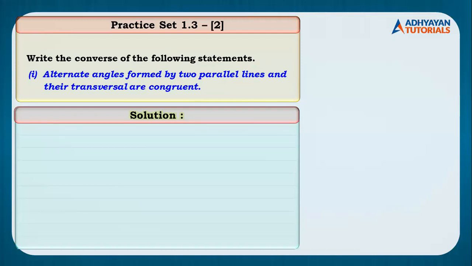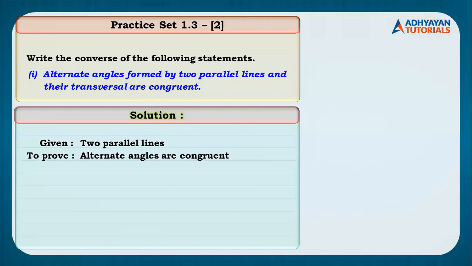The statement says alternate angles formed by two parallel lines and their transversal are congruent. Children, you know what the given part here is? Two parallel lines. And the to prove part is alternate angles are congruent.